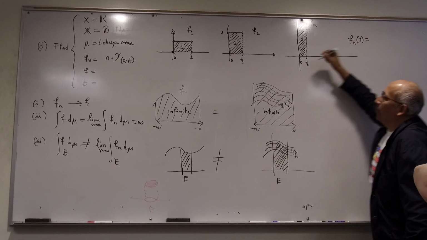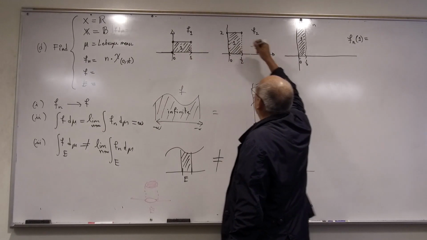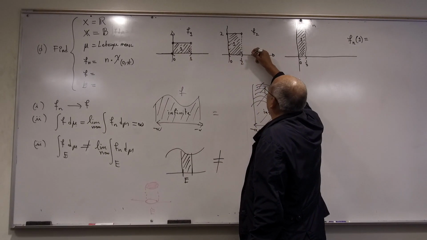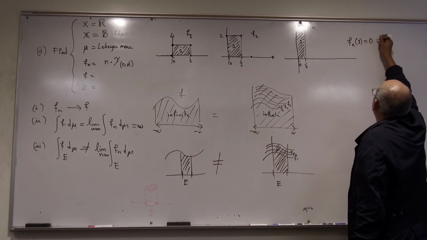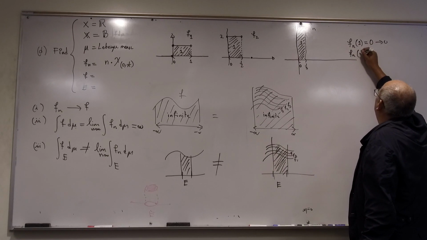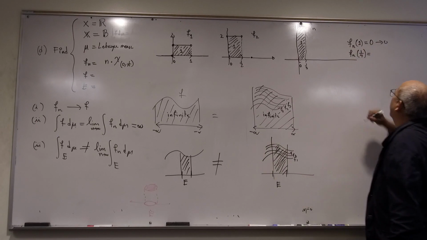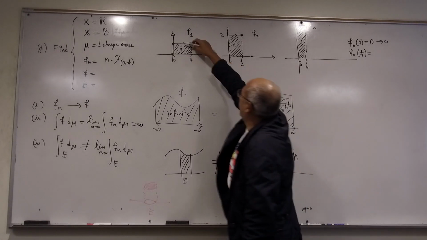What is the first function evaluated at 1? 0. What's the second function evaluated at 1? 0. It's 1 here and 0 outside, so that converges to 0. How about fn of 1/4?